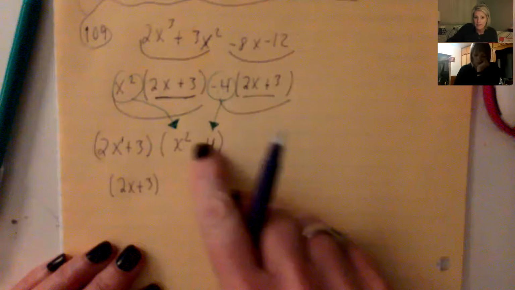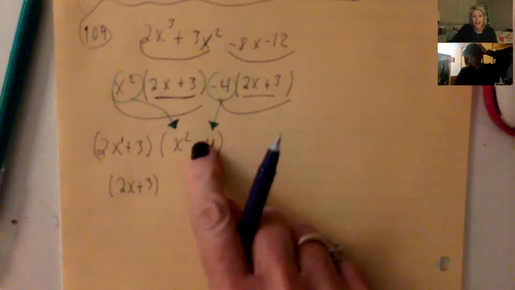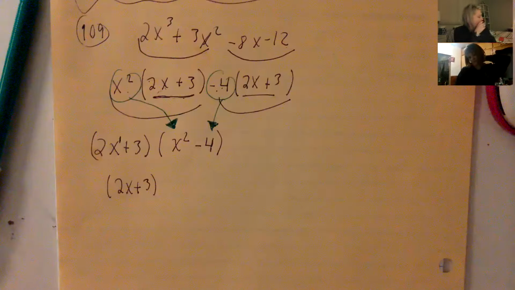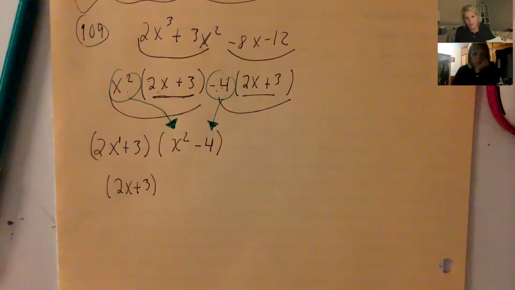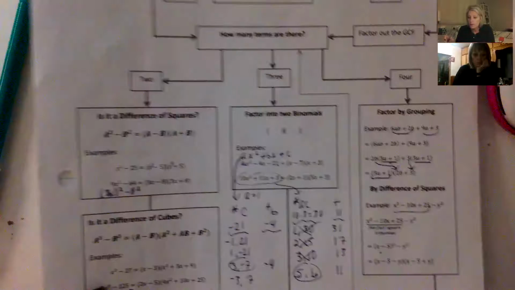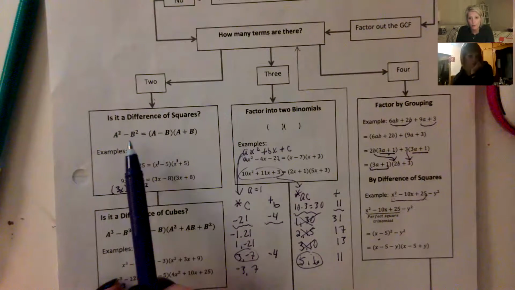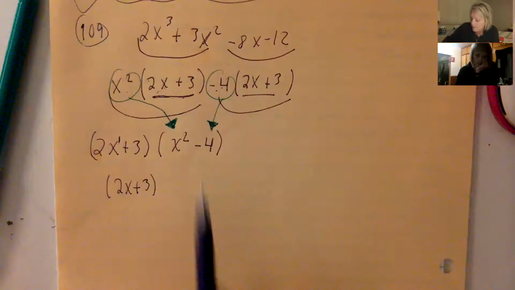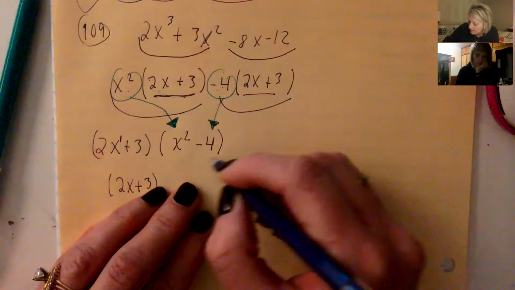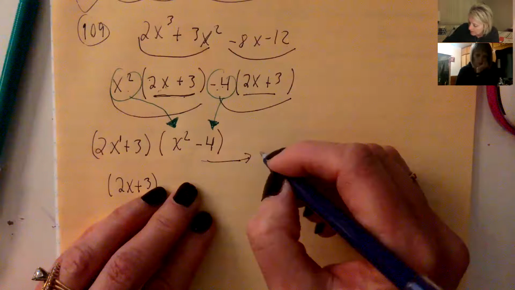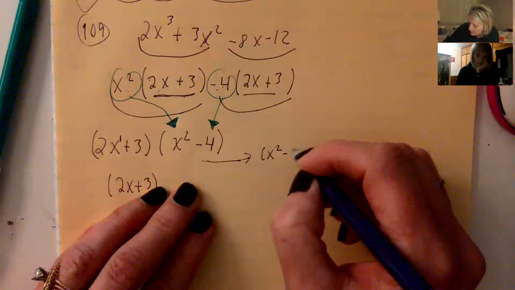But x squared minus 4, because there's an x squared there, we're like, can we factor that anymore? And because it's 2 terms and it's a difference, it can be maybe a difference of 2 squares. And it's an x squared minus a 2 squared.